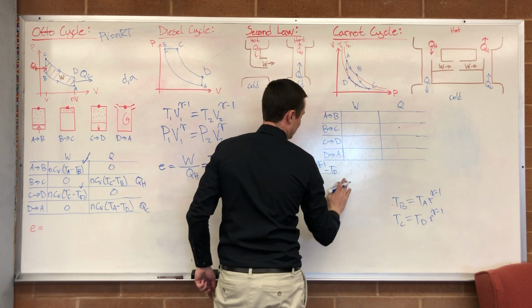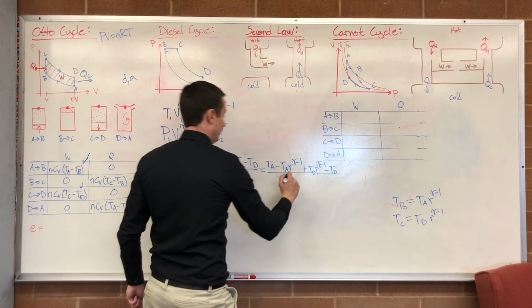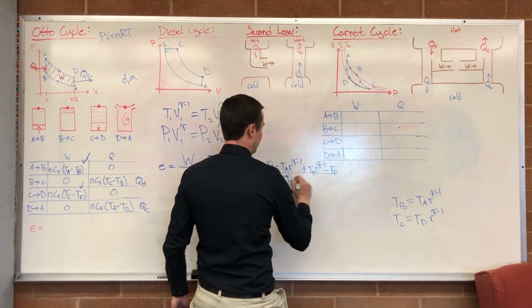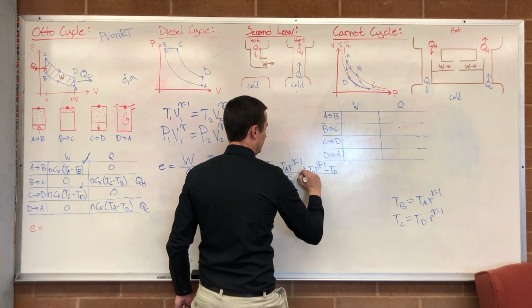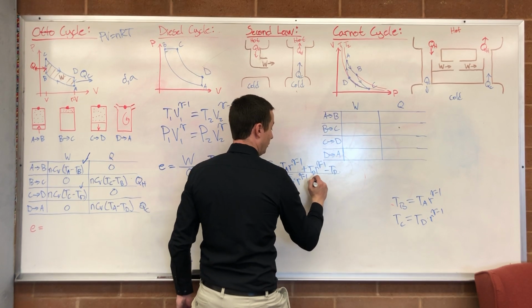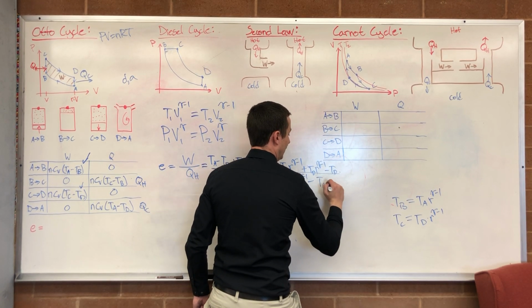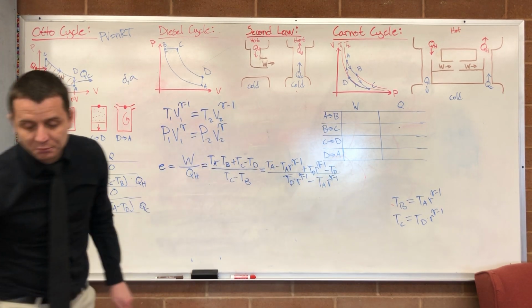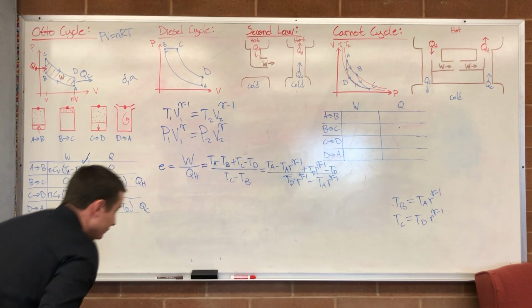All over, not TC, TD times r to the gamma minus 1, minus TA times r to the gamma minus 1. Right? Yeah.